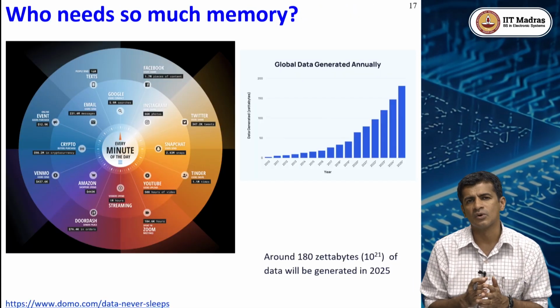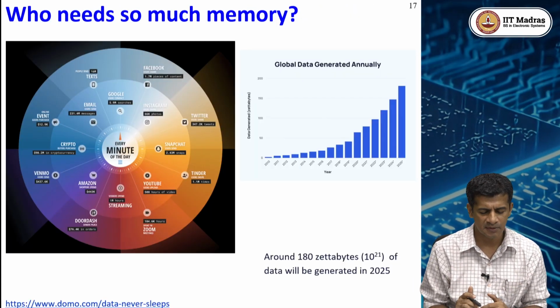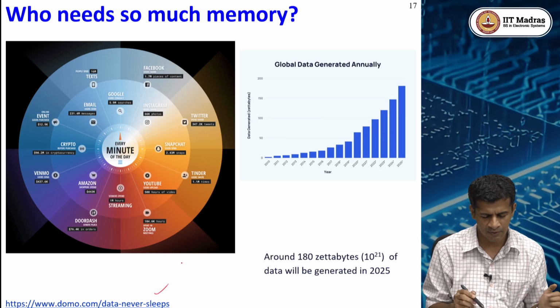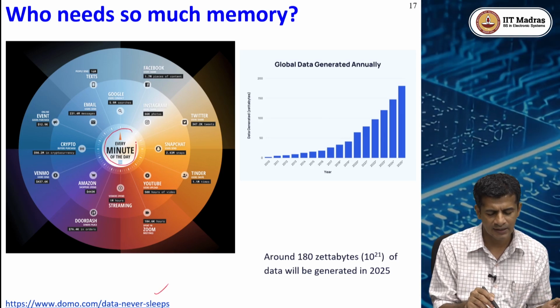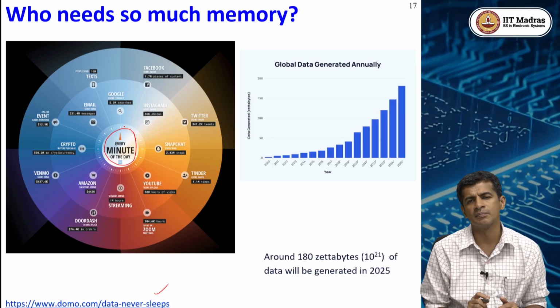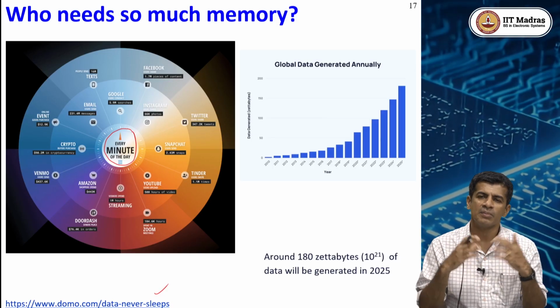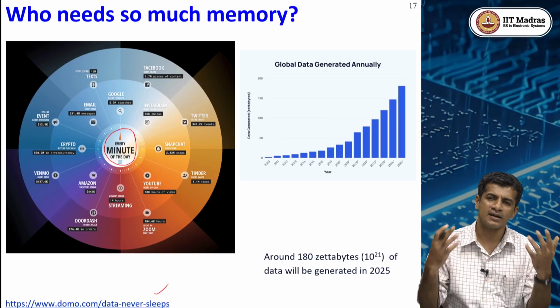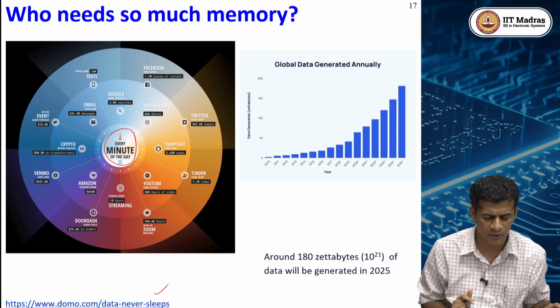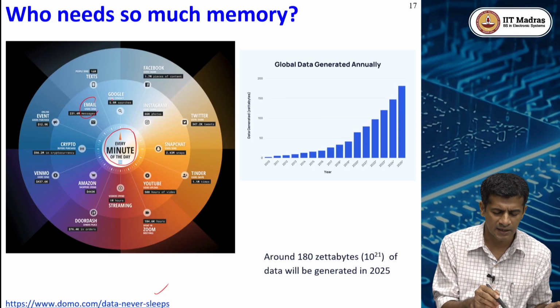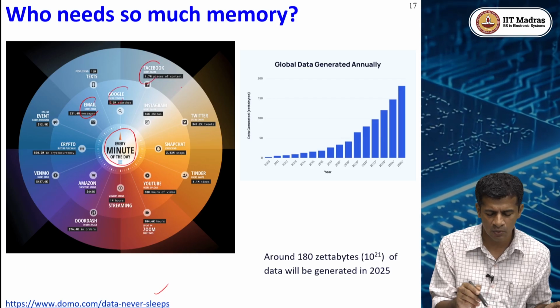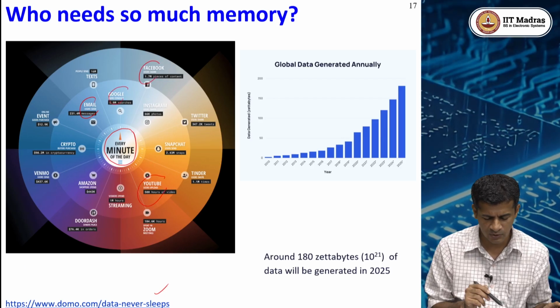You may be wondering who needs so much memory. For example, this is a chart showing that every minute of the day, everybody is generating lots of data, whether through an email application, Google, text, Facebook, or YouTube videos like this one.